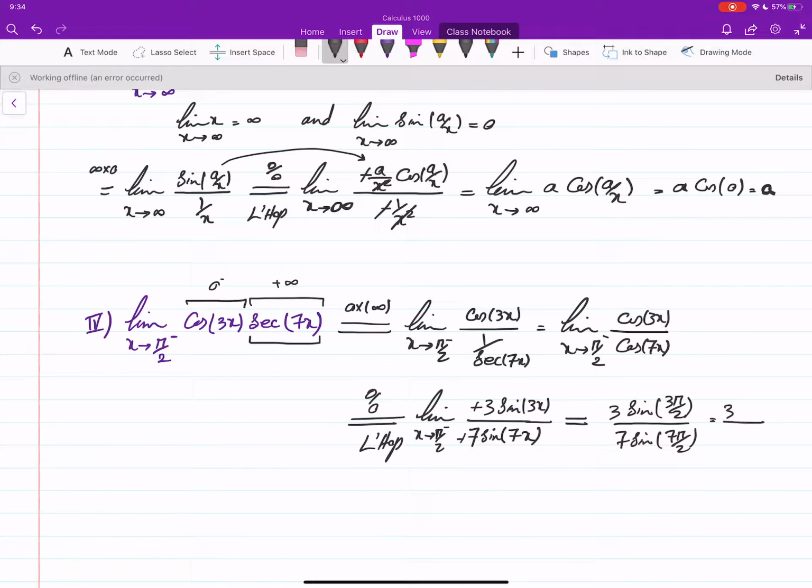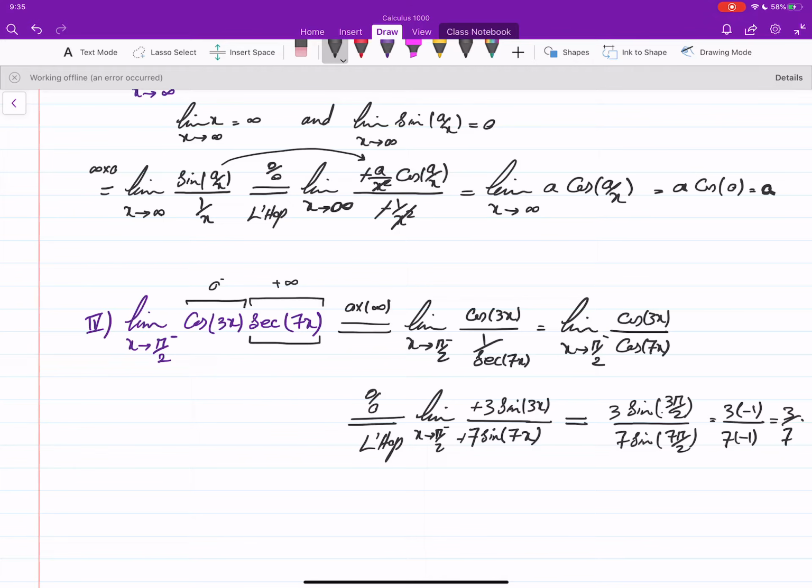This is 3. Sine of 3 pi over 2 is negative 1. And for this one, we have 7 pi over 2, which is 3 pi plus pi over 2, I can put the 2 pi out, and it is again a negative 1, and that will give us 3 over 7.